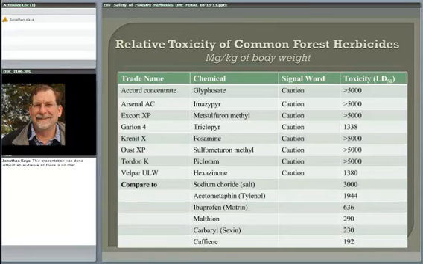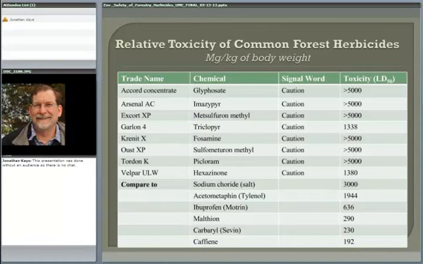And you see a list here of many of the chemicals we use in forestry. The one exception might be triclopyr, which is what's in Garlon products. It has a little lower LD50, still much higher than 500, but not as high as some of the others.